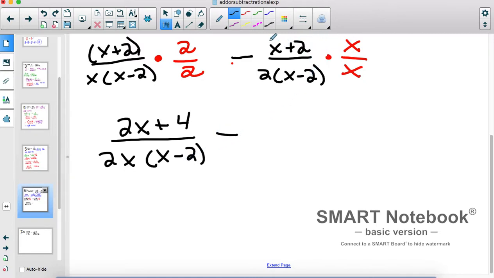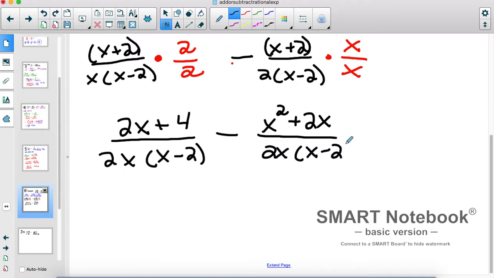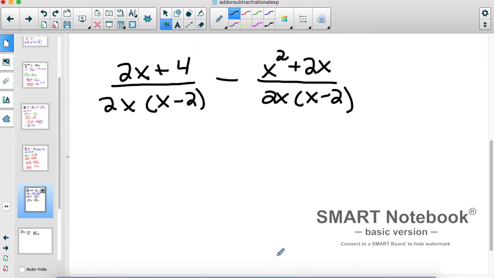Minus, same thing over here, that x needs to be distributed. So x squared plus 2x up top, and the denominator is the same one, 2x times x minus 2. Perfect.